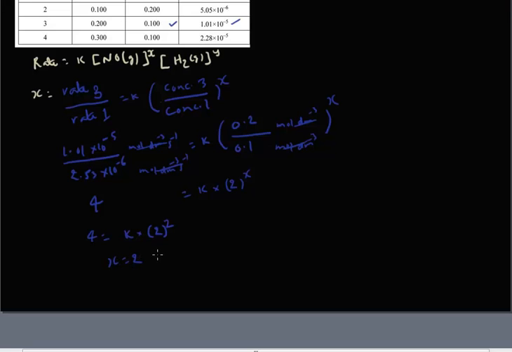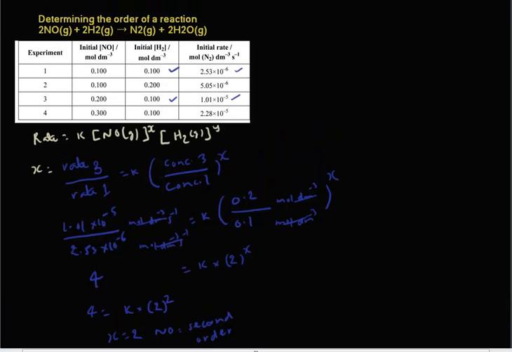In other words, the order of the reaction with respect to nitrogen 2 oxide is second order. So in the rate expression, X would be 2. We'll write the completed rate expression in a few seconds. So we determine the order of NO as second order.